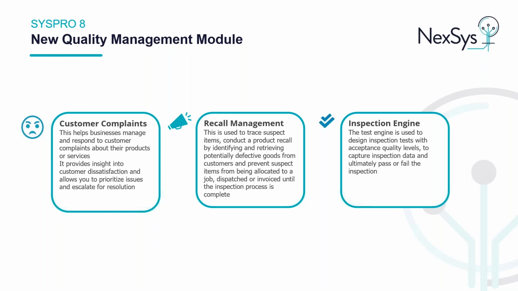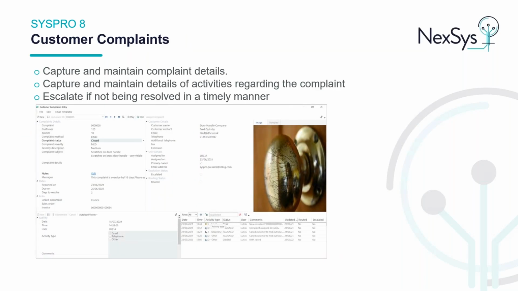The new quality management module in SYSPRO comprises of 3 areas: customer complaints, recall management, and the inspection engine. The customer complaint side helps businesses manage and respond to customer complaints about their products or services.